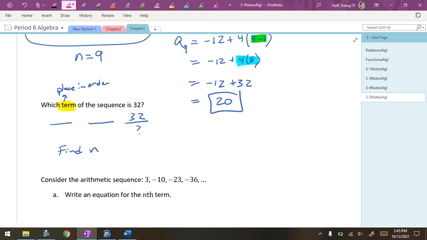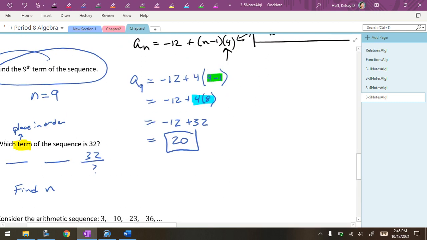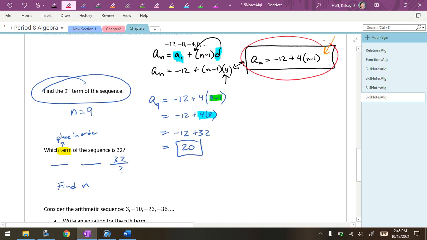So we take our original equation. This time I know what the number is. I need to find n. So I'm going to say 32 equals negative 12 plus 4 times n minus 1.